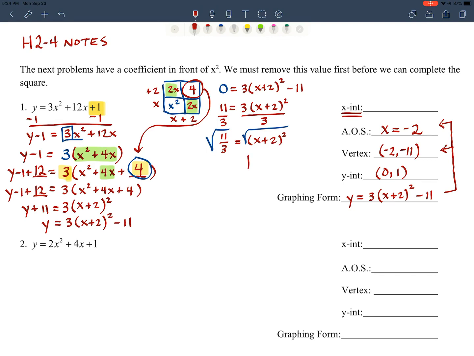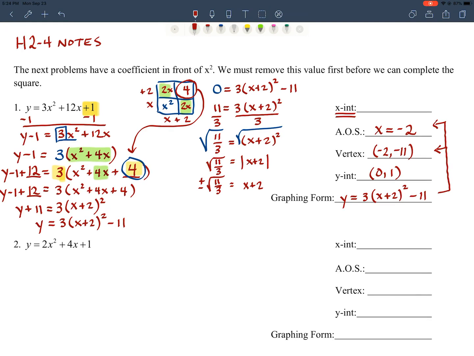So we've got here the absolute value of x plus 2 should equal the square root of 11/3, which means that x plus 2 should end up equaling positive or negative radical 11/3. And then to get x completely by itself, we'll just subtract our 2.